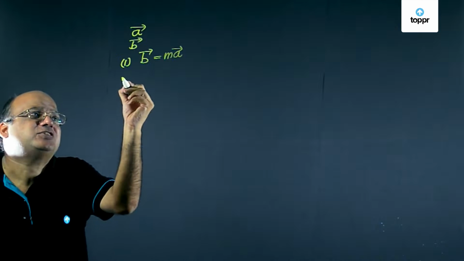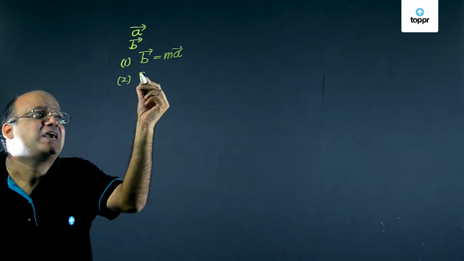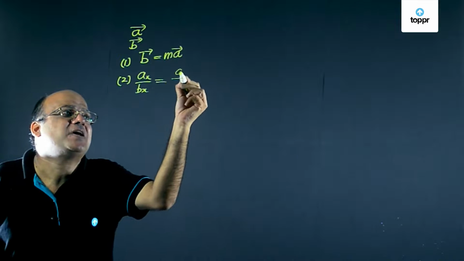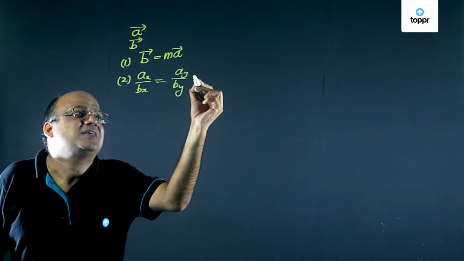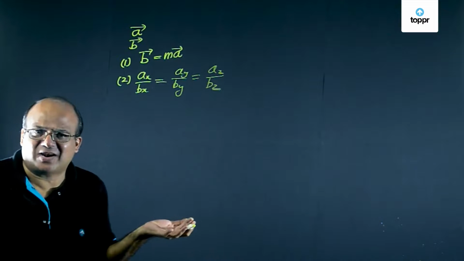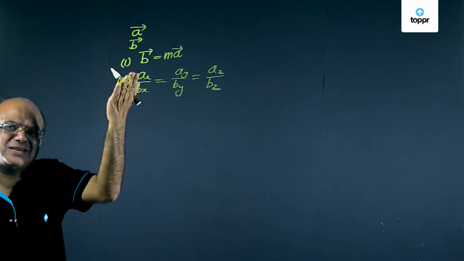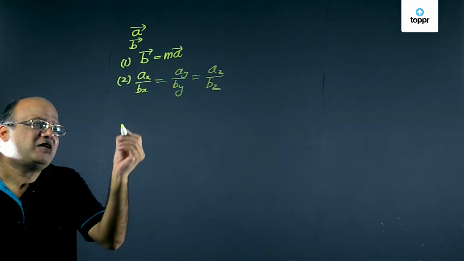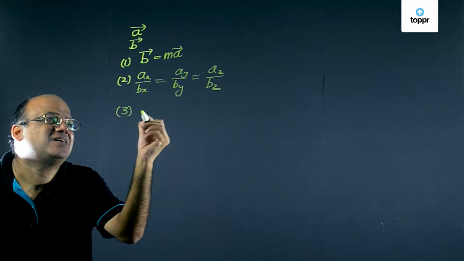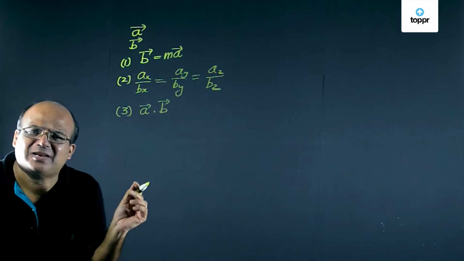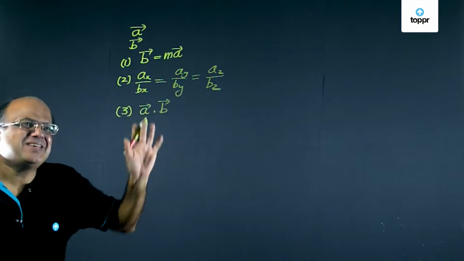The second way you can check is if Ax by Bx is same as Ay by By is same as Az by Bz, then vectors will be parallel. This is one way of checking again. You can also check A vector dot B vector. If vectors are parallel, angle between them is 0 degrees.